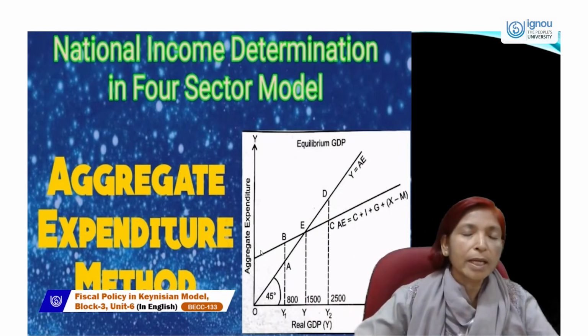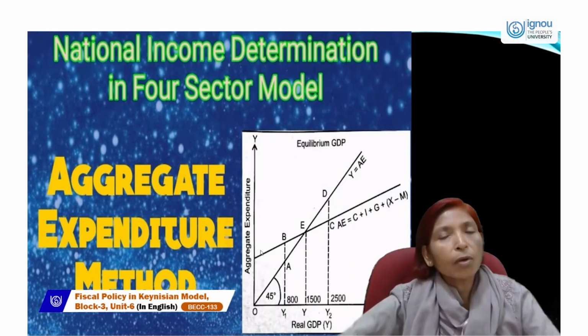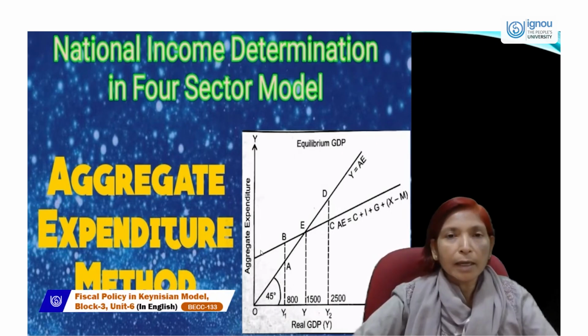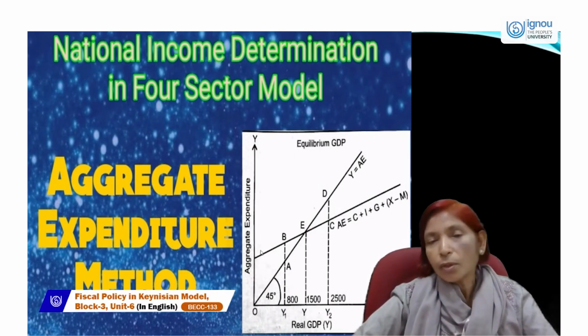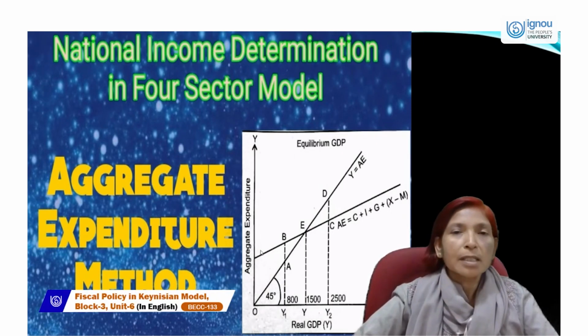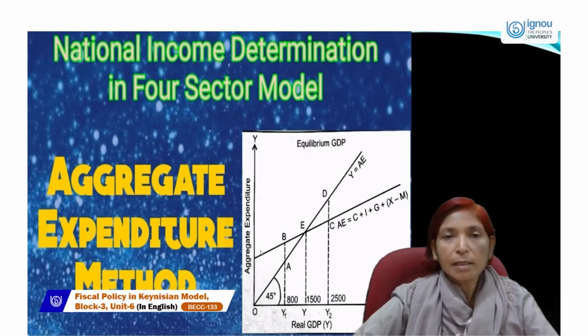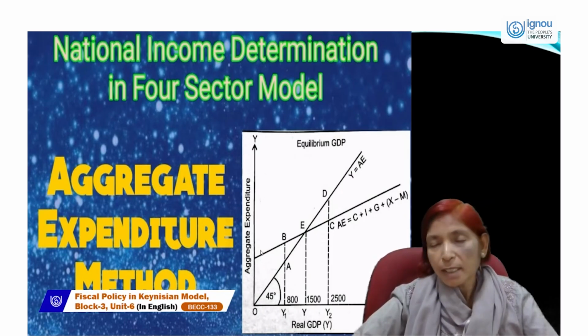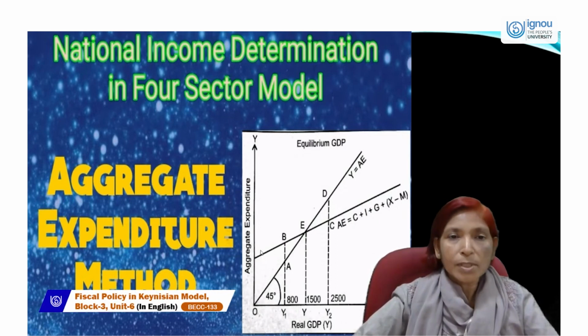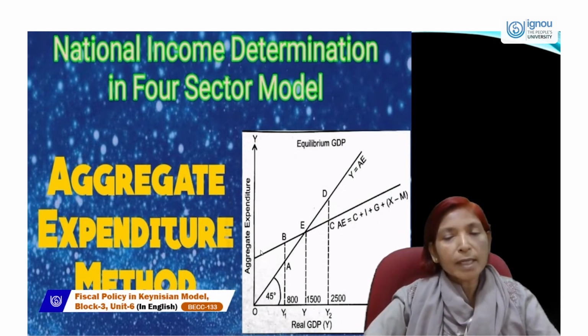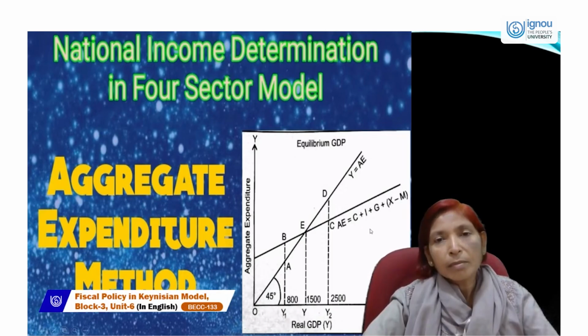a three-sector economy model, and a four-sector economy model. It depends upon the equation. If we are taking only two components like C and I, then it will show the two-sector model. If we take C plus I plus G, then it will show the three-sector model. And if we take C plus I plus G plus net export, or export minus import, it will show the four-sector model. So in a four-sector economy, national income is always determined where aggregate demand is equal to aggregate supply.